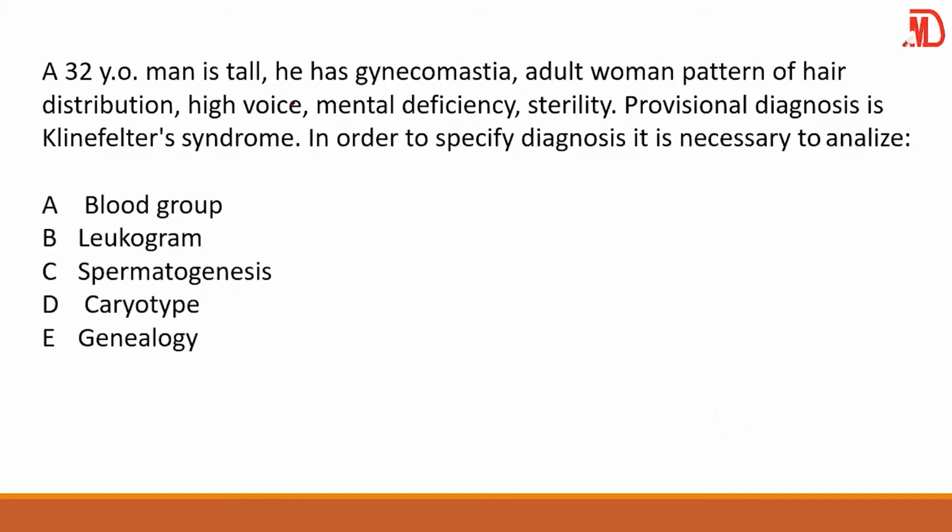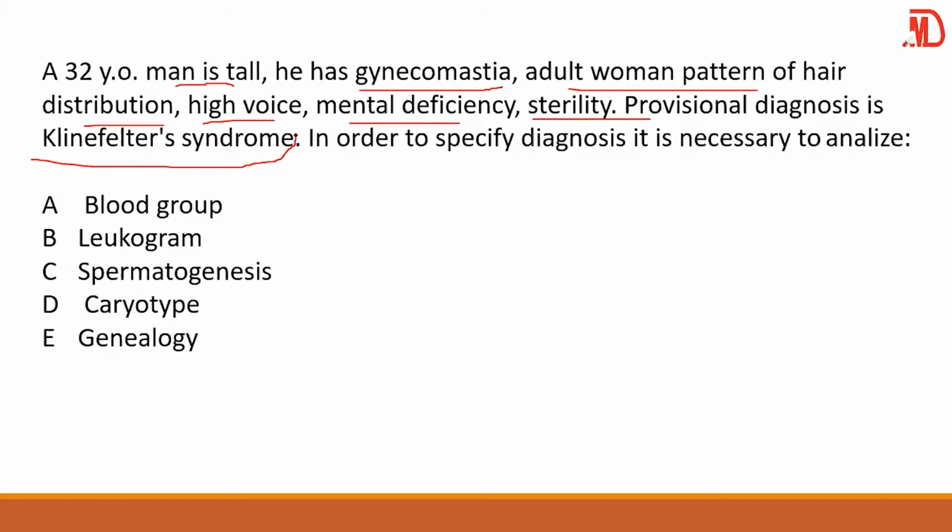We have a 32-year-old man who is tall. He has gynecomastia, adult woman pattern of hair distribution, high voice, mental deficiency, sterility, diagnosed with Klinefelter's syndrome. Don't worry. I'll come to all these, Edwards, Patau, Klinefelter, Turner syndrome, later.